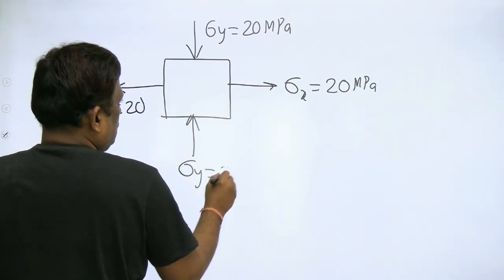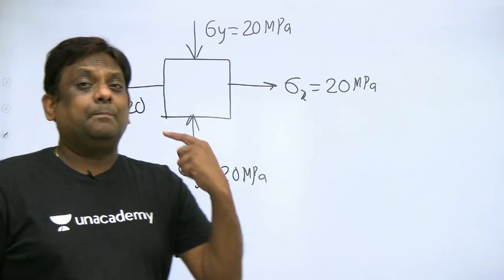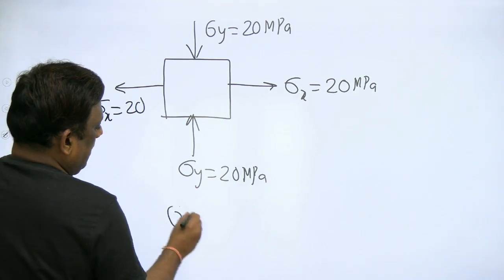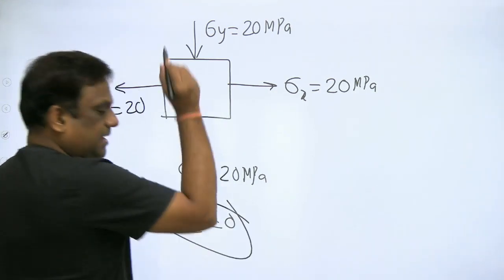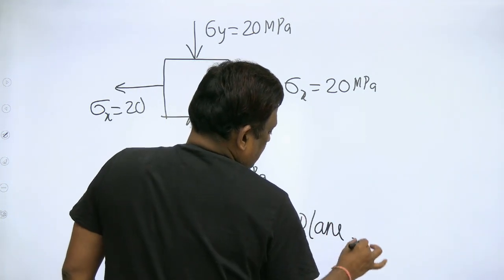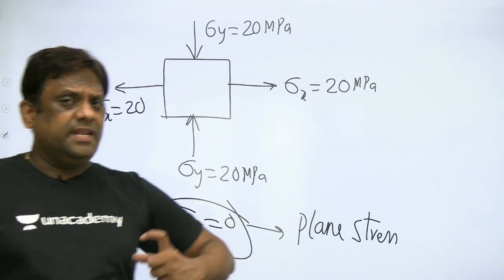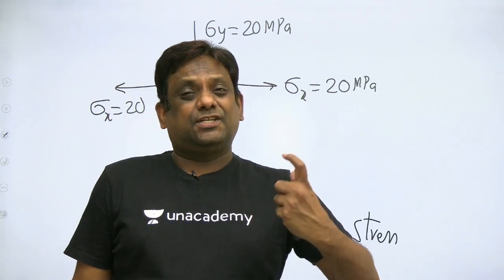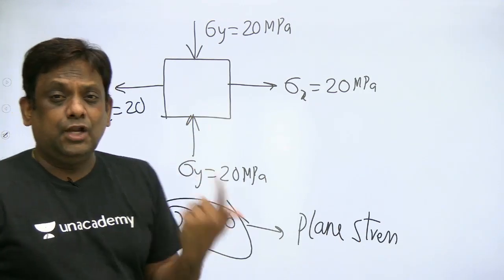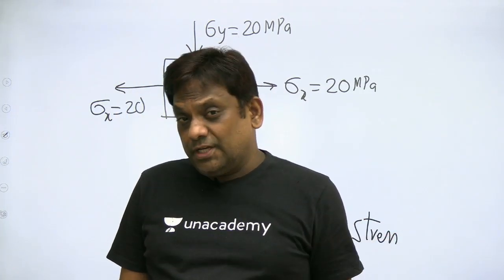Sigma y is 20 megapascal, and already it is under plane stress condition, because in one of the principal directions sigma z is already 0. Sigma z is 0, so it is already in plane stress. He says an aluminium member is subjected to a stress system as shown in the figure, and for aluminium nu is not 0.